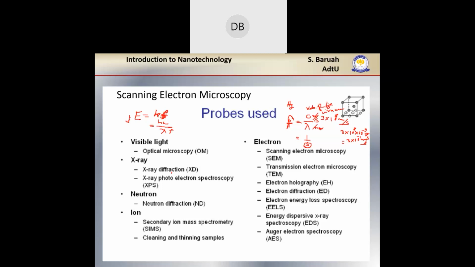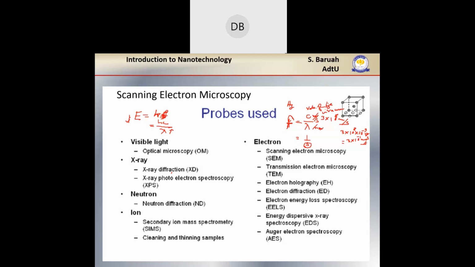But for electron microscopes, we also discussed that it is not possible to see something below the wavelength of the primary probe. That means if visible light is the primary probe, then visible light starts from somewhere around 400 nanometers. So it is not possible to see sizes less than 400 nanometers if we use visible light as the primary probe, right?